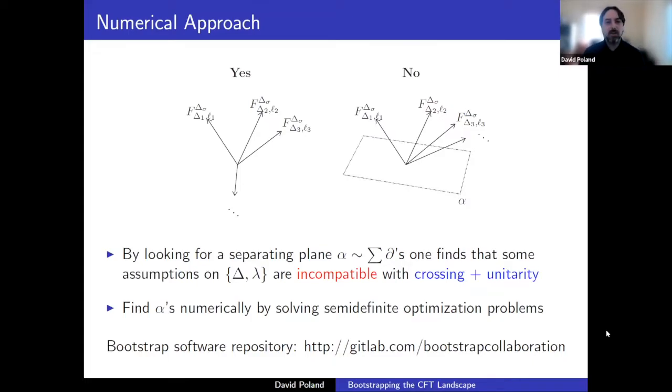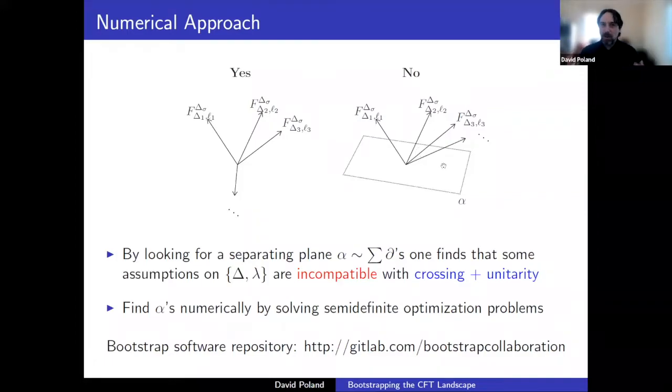And you ask, when can you do this? You can do it in general when all the vectors are pointing in kind of random directions and they can balance each other off to get the 0 vector. But you can't do it if they're all pointing to one side of some kind of separating plane. Then you can't add them up with positive coefficients to get the 0 vector.